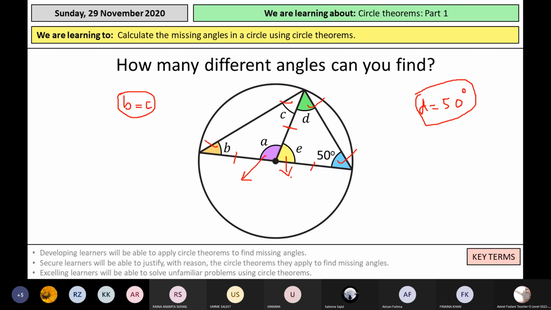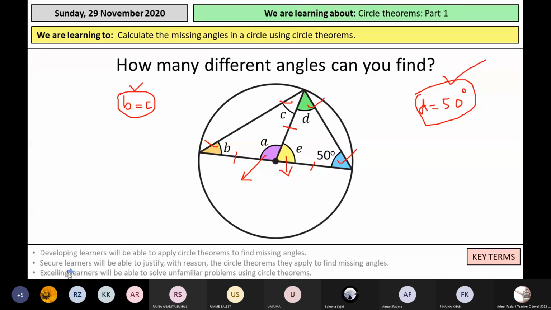It depends on in which context you will be asked the question, how many angles can you find? Maybe some of the students can rectify their answer or think their answer in different ways. But I have already explained to you why the both angles are said to be equal, right? What is the reason behind D equals 50? Because of the one thing, that is the both radii are same, right?